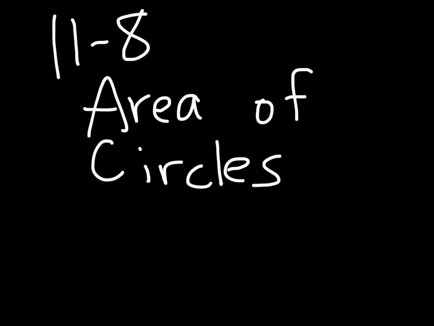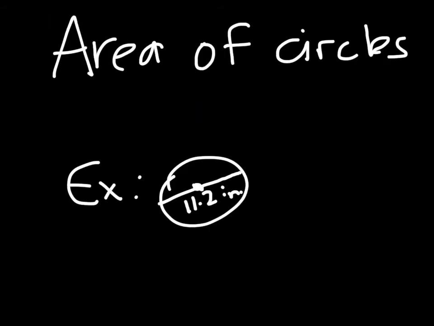Okay? Chapter 11, Lesson 8 is on area of circles. So our area formula for circles is area equals pi r squared. And we have to remember that we always do the radius squared and then times 3.14.